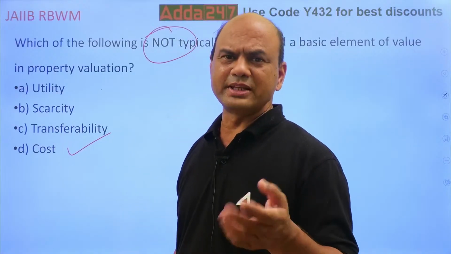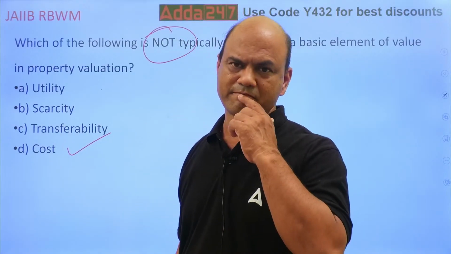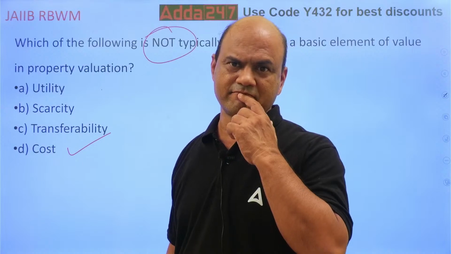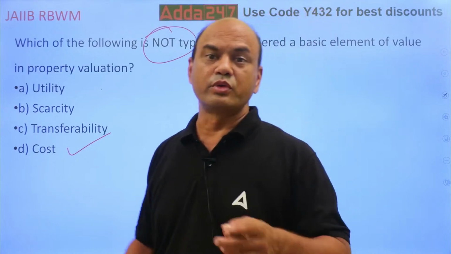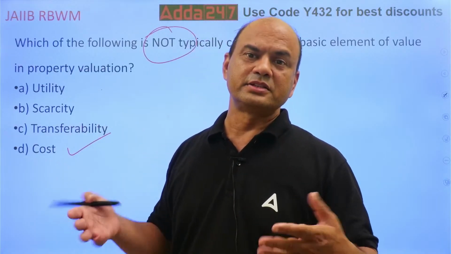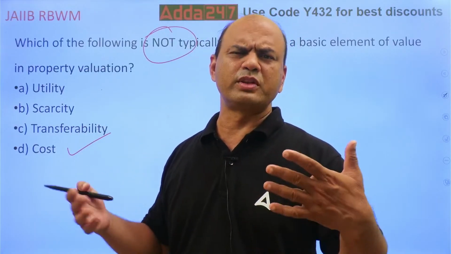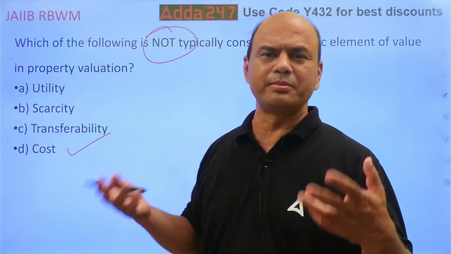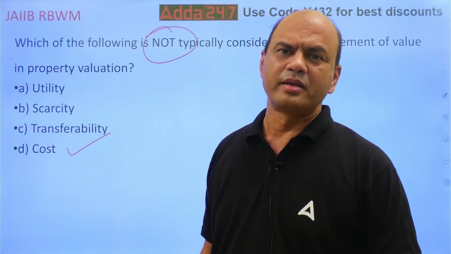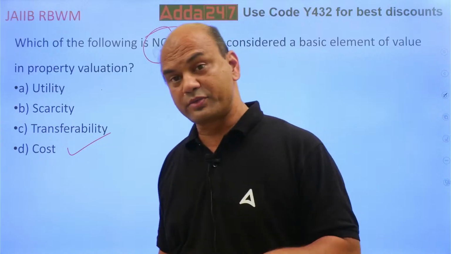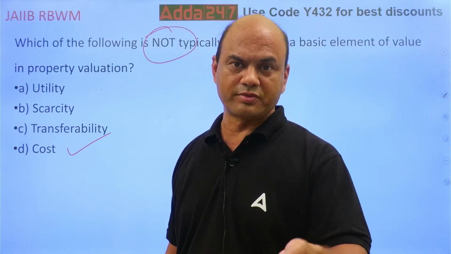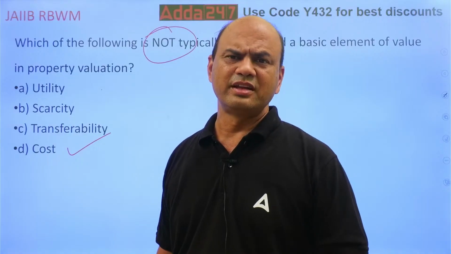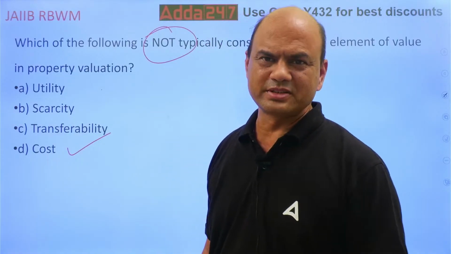Shall I give you a simple example? Take a family photograph, an old one which you like the best. If you consider its cost, hardly it will be 100 or 200 rupees, isn't it?